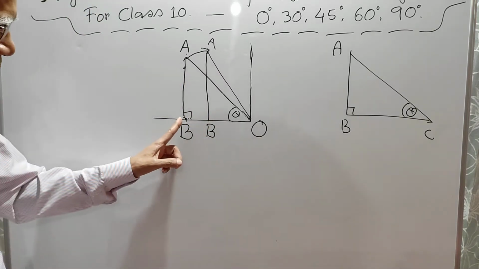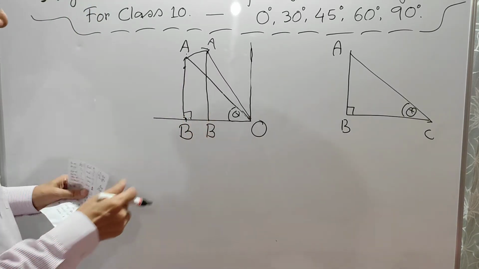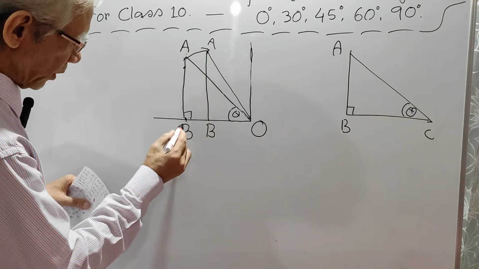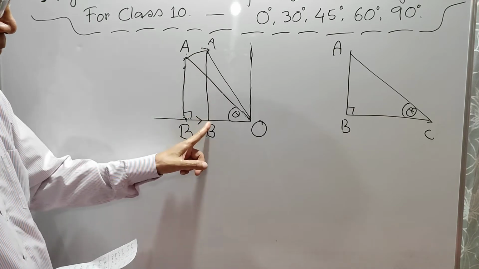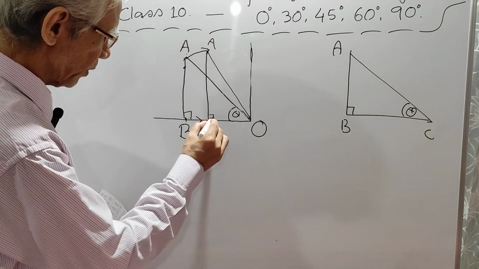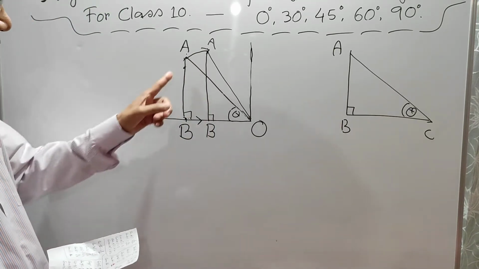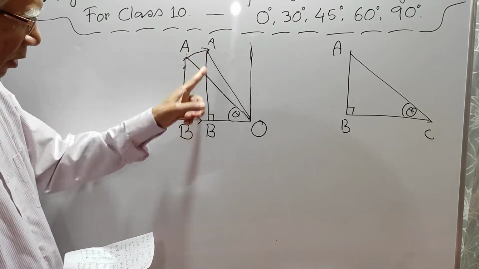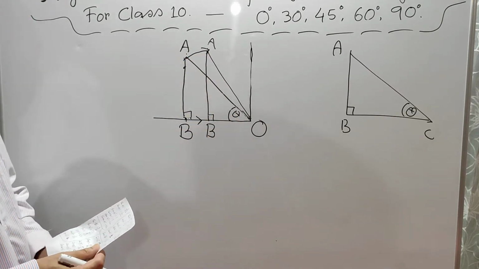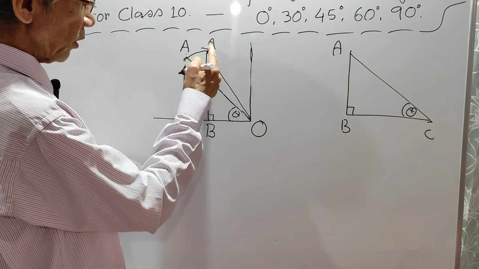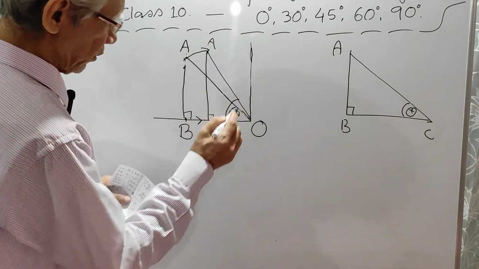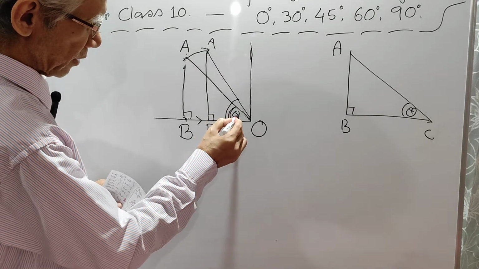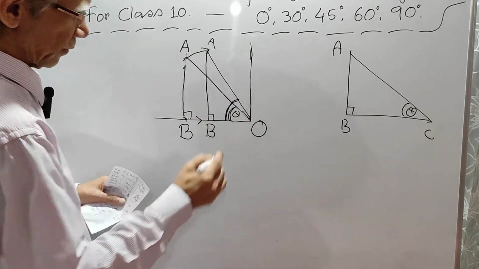So as A is moving to this point, B is moving to this point. This is the new A, this is the new B. The triangle ABO has now become this new triangle. As A moves, this angle has increased. This was the original angle, now the angle has increased, you see.